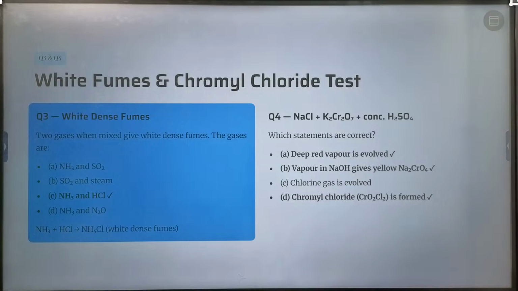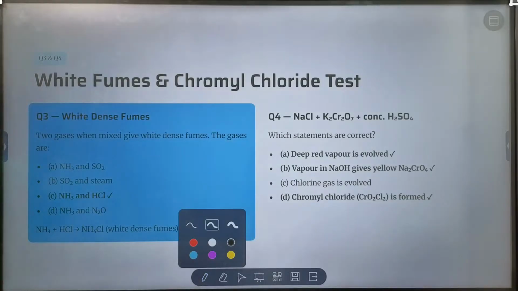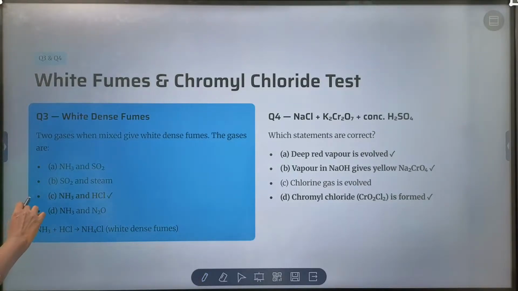When you dip a glass rod in HCl and introduce it into the gas, it forms white dense fumes. The fumes increase and you get a white precipitate, right? So it is due to the formation of ammonium chloride. So option 3 is the correct answer. So it is ammonia and HCl.